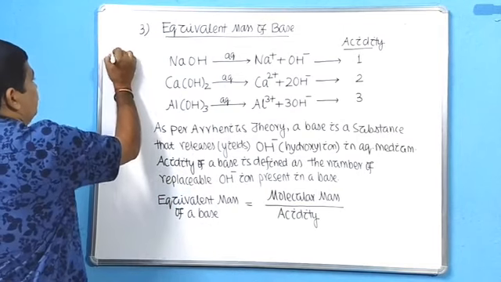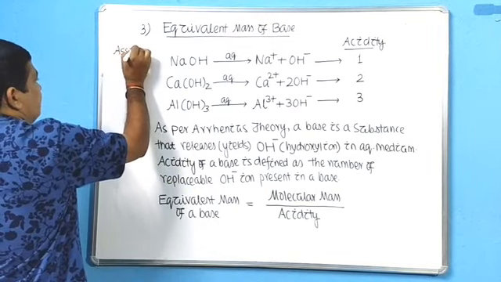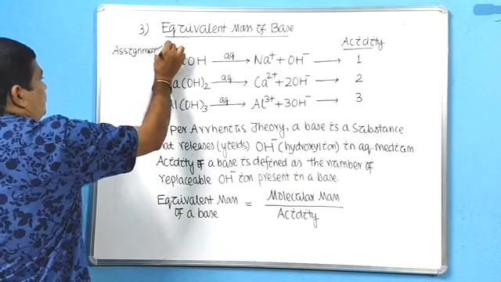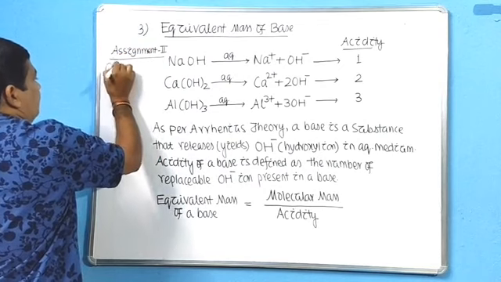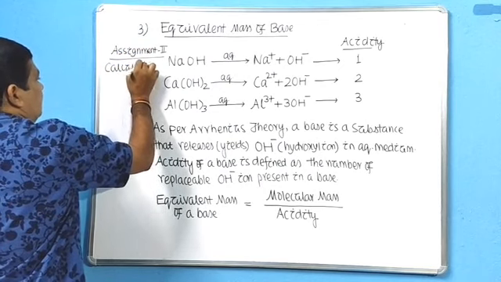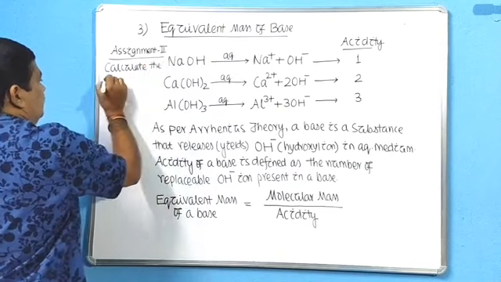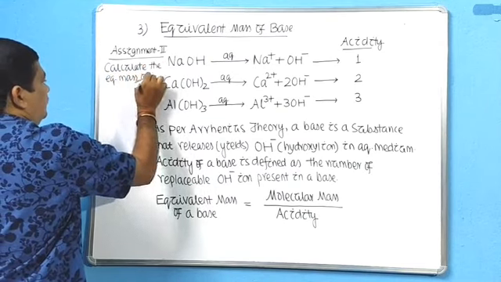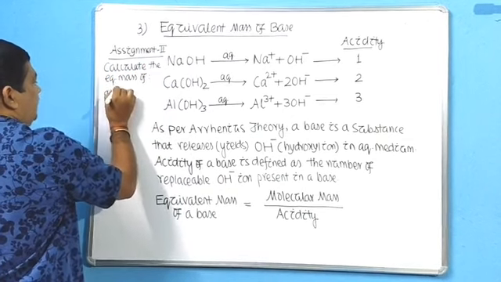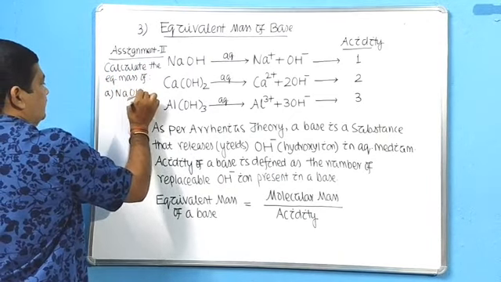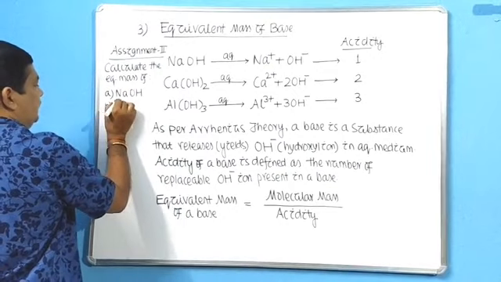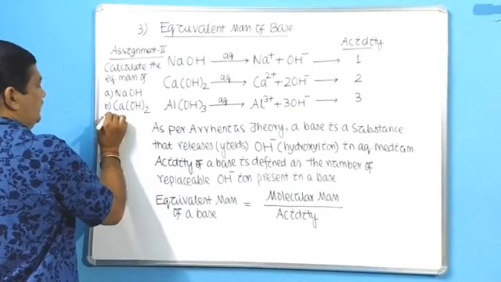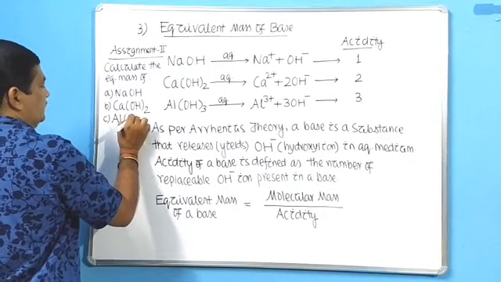Then next, assignment 2 for today's class. Calculate the equivalent mass of sodium hydroxide, calcium hydroxide and aluminum hydroxide.